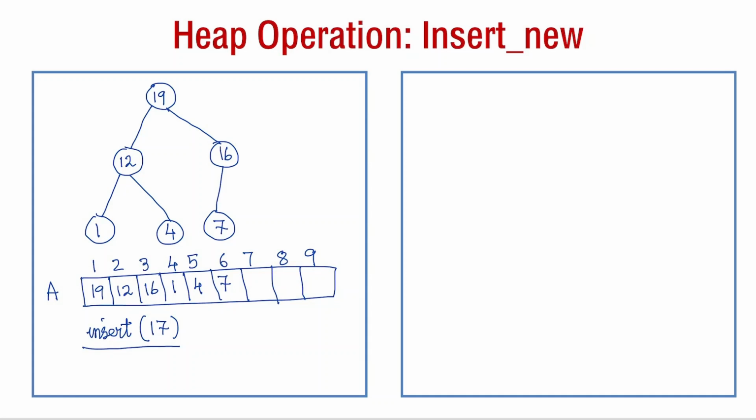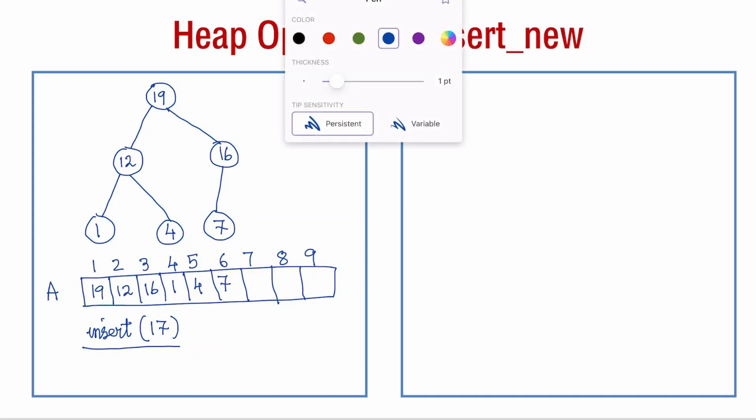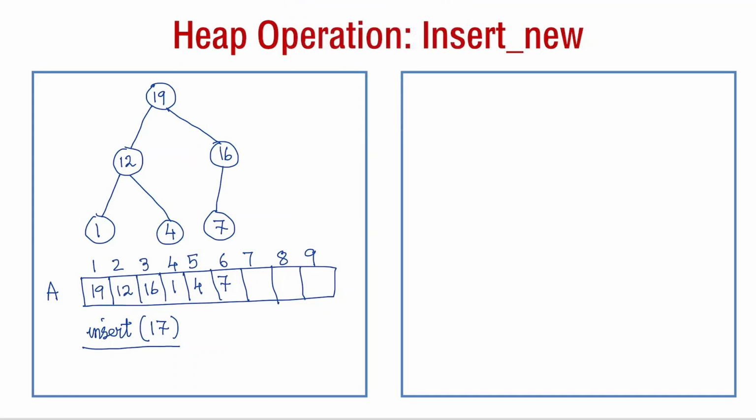So, in order to insert 17, it will go to the end of the array, where the last element is at index 6. So, it will go to index 7 and add this 17 here.